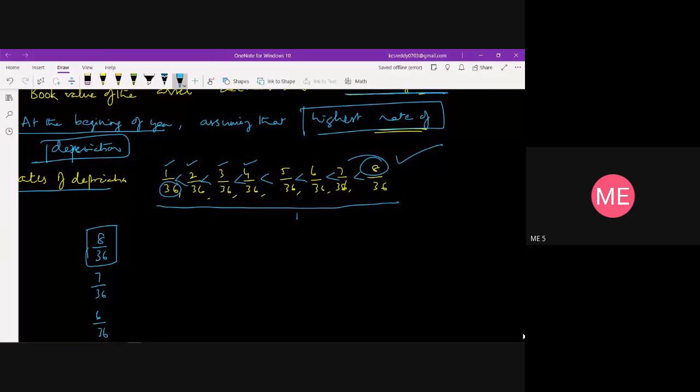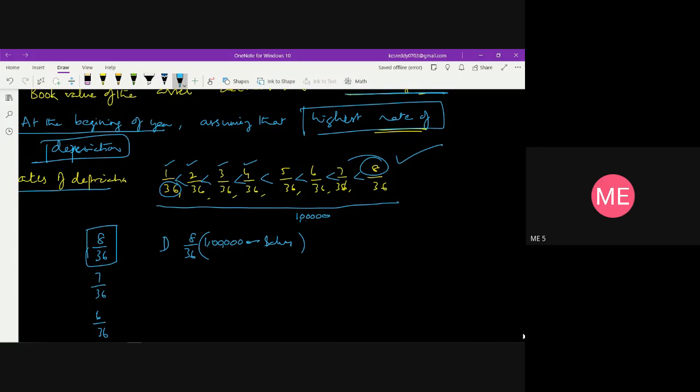Means whatever the book value, say for example 1 lakh is the book value here, 8 by 36 of 1 lakh will become the depreciation for the first year, the amount which is going to be depreciated for this year. So likewise, rate into P minus F, rate into P minus salvage value will give the depreciation.